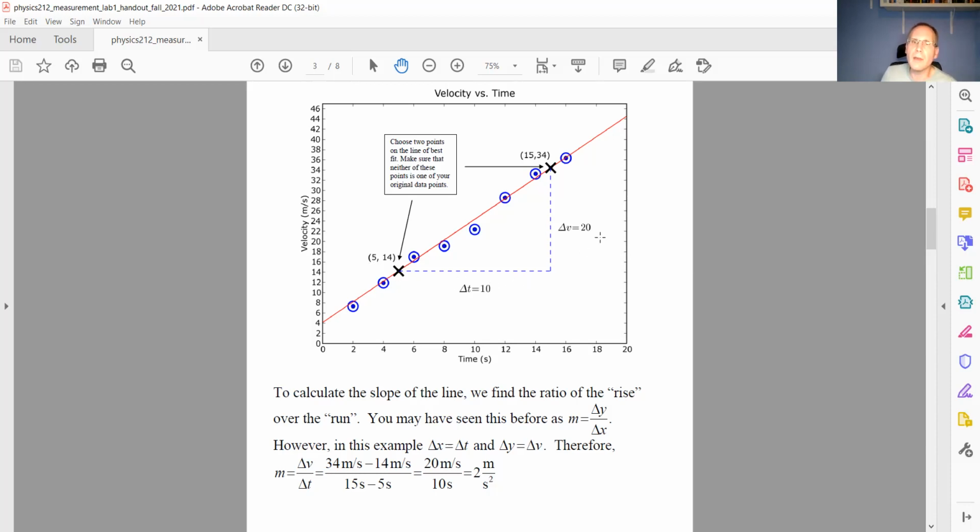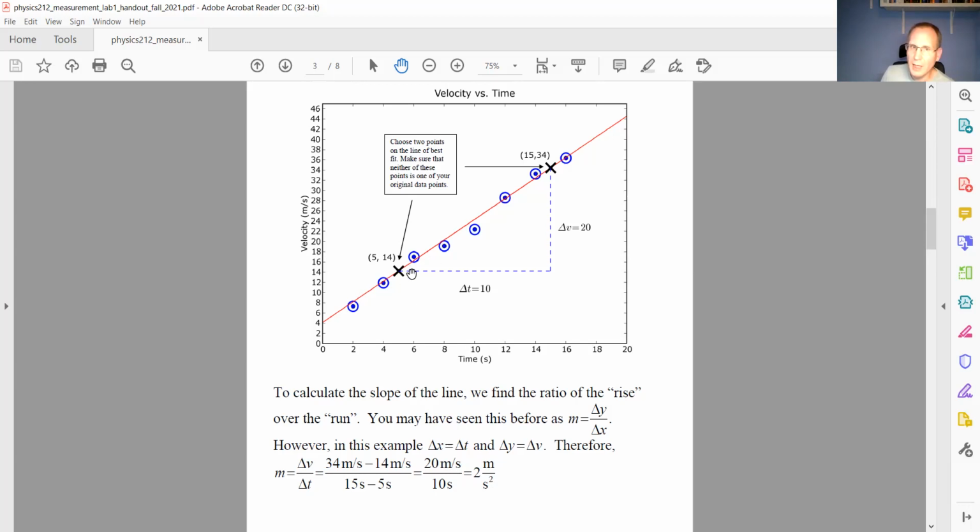And then the change in the velocity divided by change in time, that's like rise divided by run, that would be 2. So the slope in this case would be 2. And it has units of meters per second, which we write as meters per second squared. So the slope in this example is 2 meters per second squared. Okay, and actually it turns out that's going to be the acceleration of this object, the acceleration of this motion.